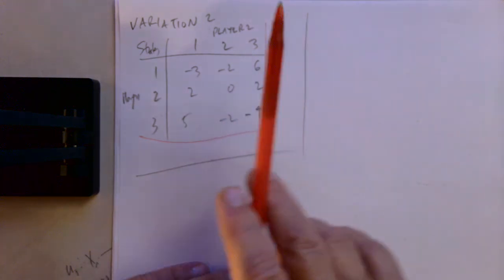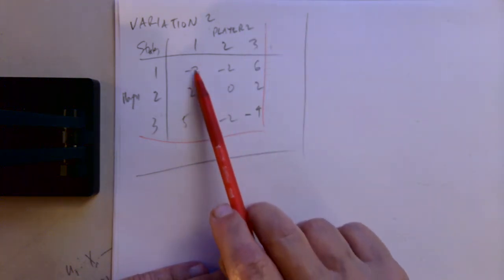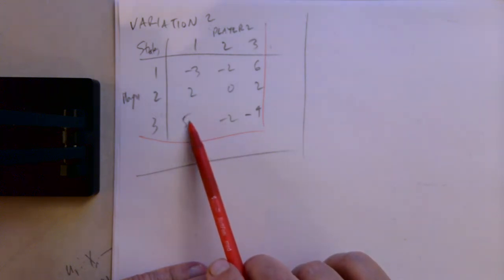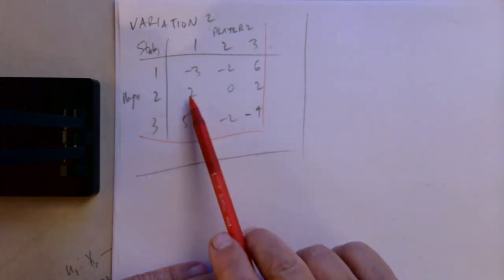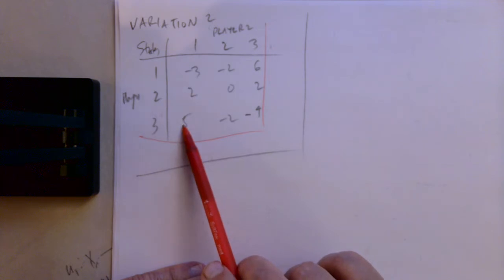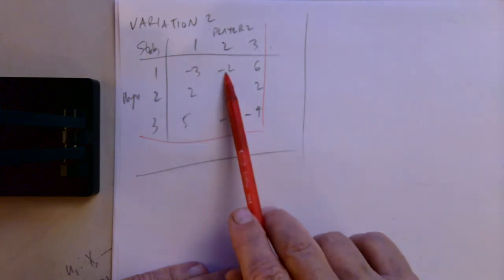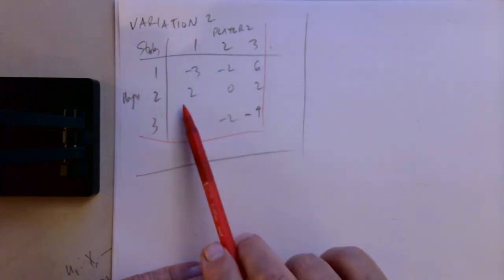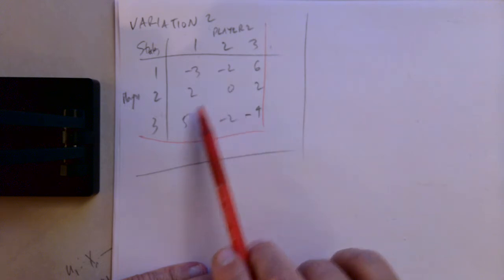And also, if you look at player two, suppose player one chooses strategy one. He can win 3,000, lose 2,000, or lose 5,000. Well, he's better winning 3,000 than 2,000 or losing 6,000. On the other hand, here he loses 2,000, here he breaks even.